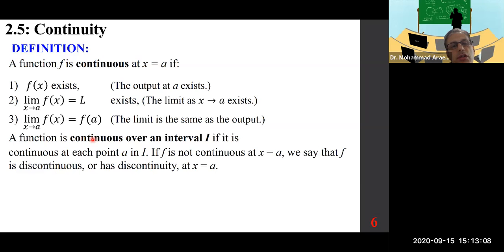The function is continuous over an interval if it's continuous at each point of that interval. And of course, if it's not continuous at a specific point, we say it's discontinuous at x equals a. This is the basic definition, okay? I hope everybody is following that.